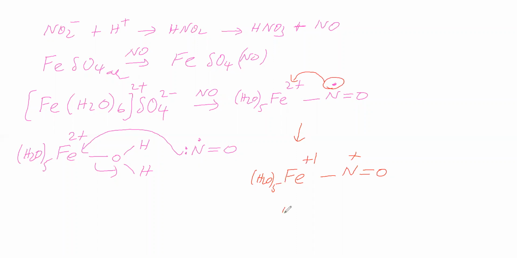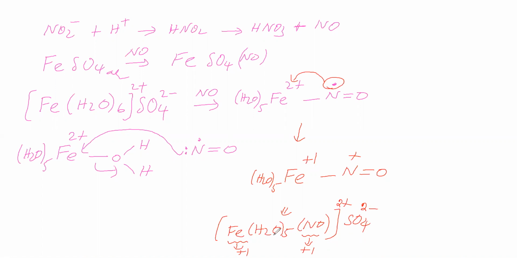So this we write as Fe(H2O)5NO, and outer side the sulfate having charge 2 minus. Therefore, here the charge is 2 plus, meaning this NO is +1 and this Fe is +1. Okay. This complex is giving dark brown or black coloration.